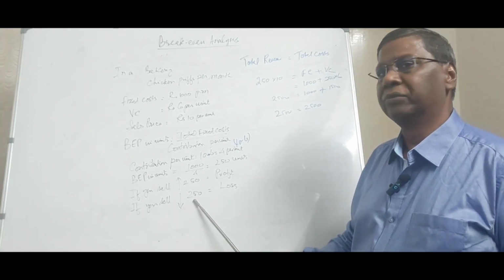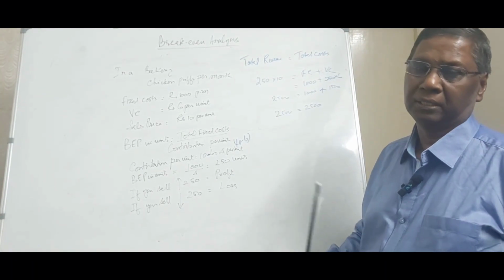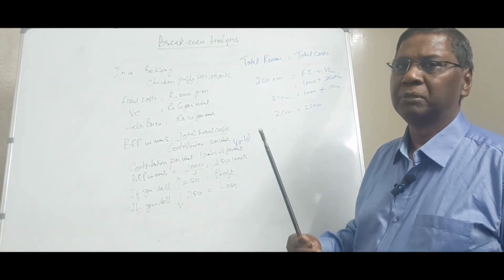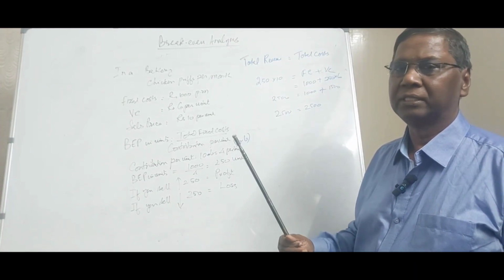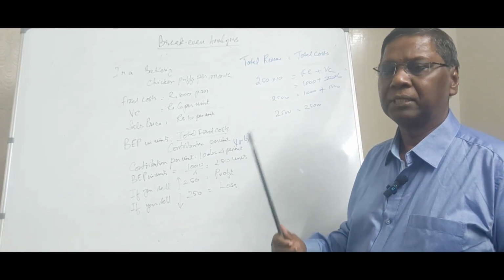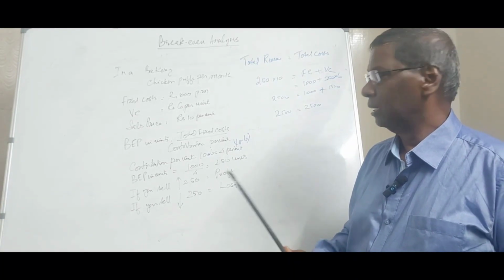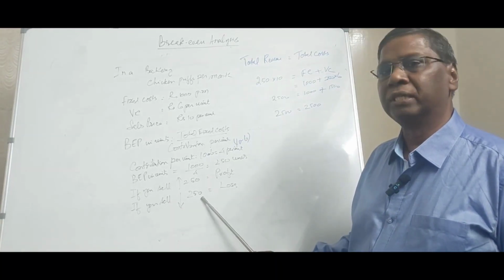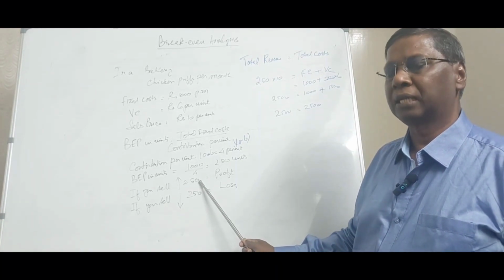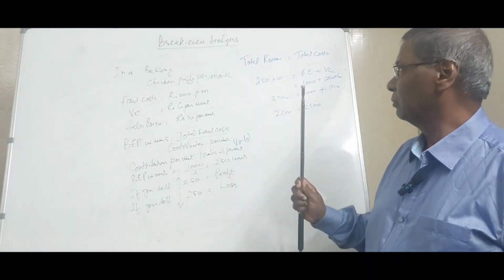But if you sell below 250, you will be incurring a loss. First your fixed cost will go out, then the variable cost will go out. There will be some operational inefficiency. You have to take stock of the marketing and other internal aspects and find out why you are incurring loss. So if you sell below 250, then it is loss. If you produce 250 and sell above 250, then you will have a profit.